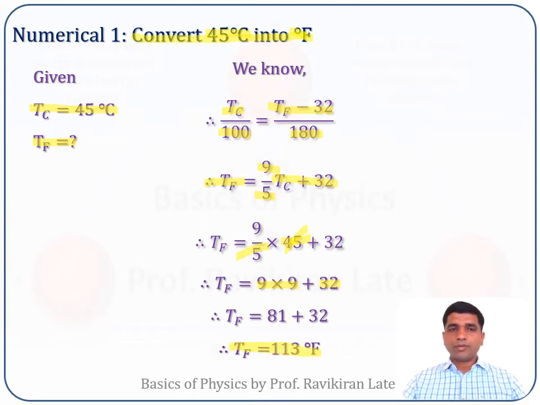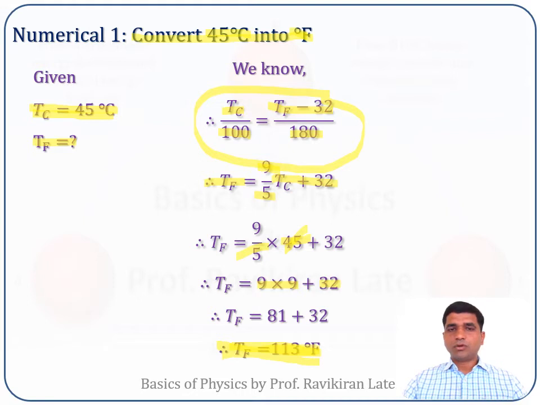So you have to remember this formula if you have this kind of problem. From this problem, 45 degrees Celsius in Celsius scale is equivalent to 113 degree Fahrenheit. So 45 degrees Celsius and 113 degree Fahrenheit represent the same temperature.